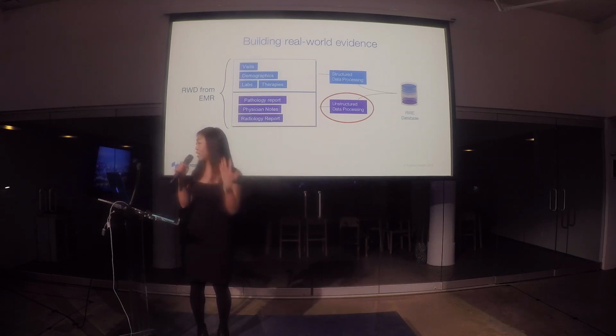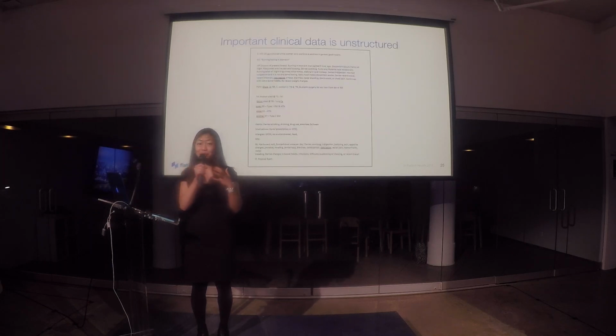To give context for why this is a hard problem, I want to introduce just one example. Imagine that you're trying to do research on lung cancer patients, and you've found a population of lung cancer patients, and you're really interested in figuring out which of them is a smoker. That sounds like something that should be a checkbox, or at worst, some kind of confusing multiple choice menu, but frequently that's not the case.